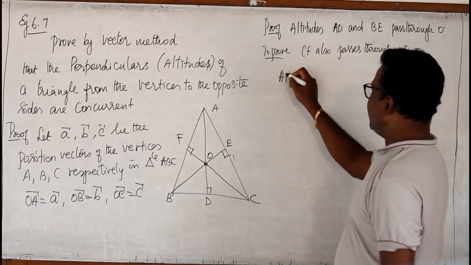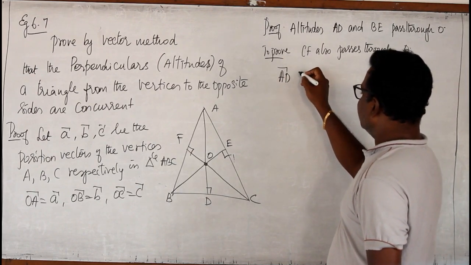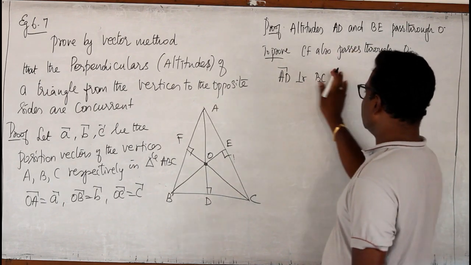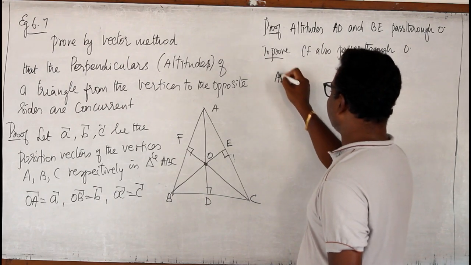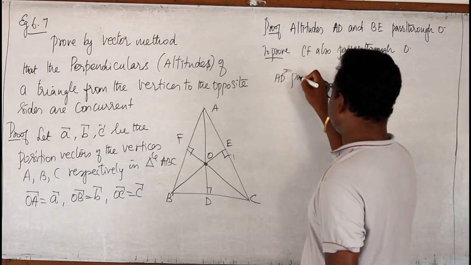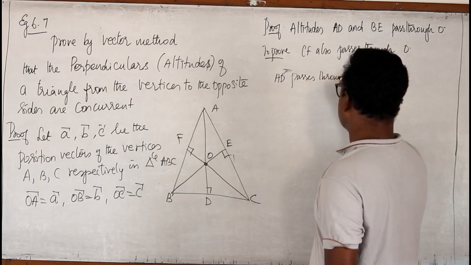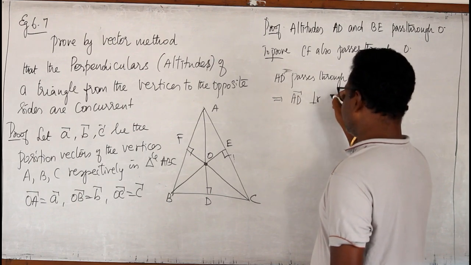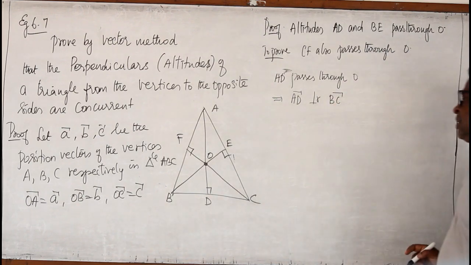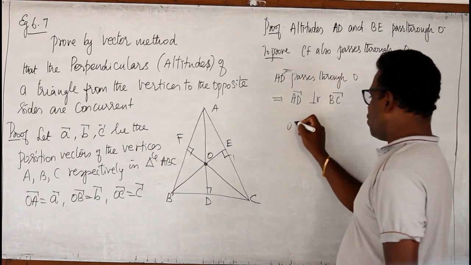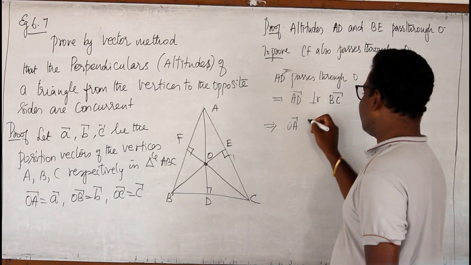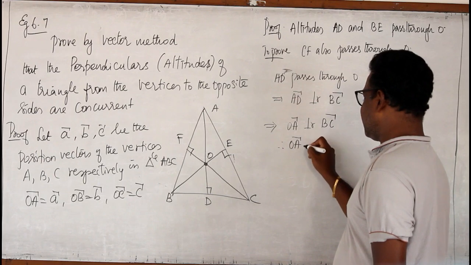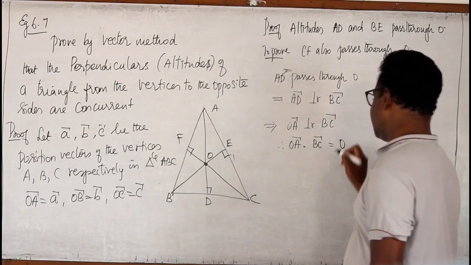Now AD is perpendicular to BC. Since AD is passing through O, this implies AD vector is perpendicular to BC vector. So instead of AD, I can take OA vector. This implies OA vector is perpendicular to BC vector. Therefore, OA vector dot BC vector equal to 0.